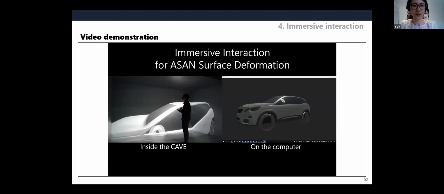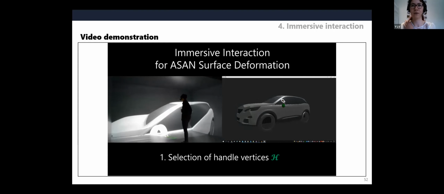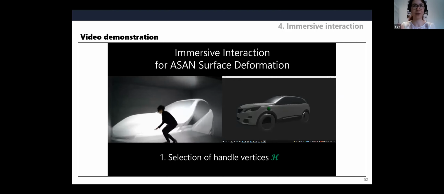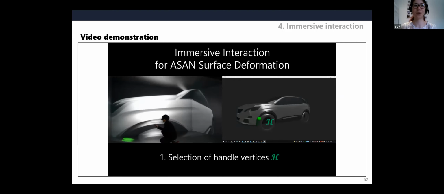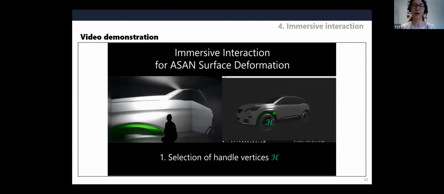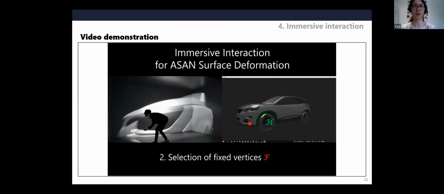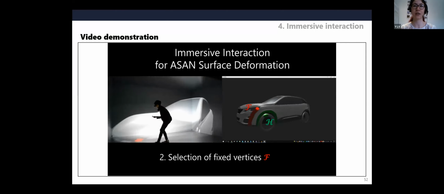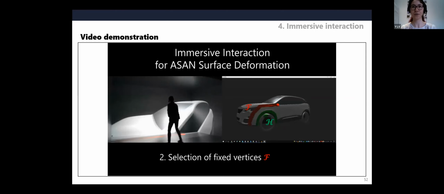On the left side, you can see the view inside the cave, and on the right side, a computer view. We use a selection sphere for the user to paint the constraints on the model: the handle region in green, and then the fixed region in red.